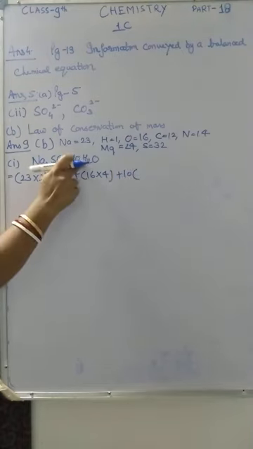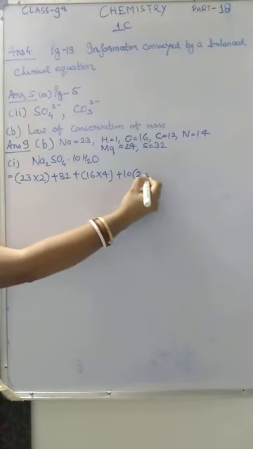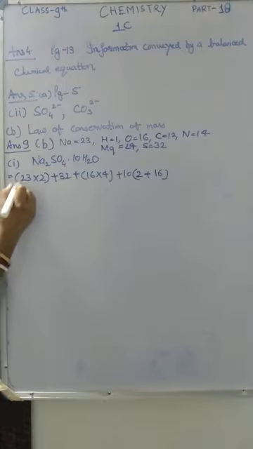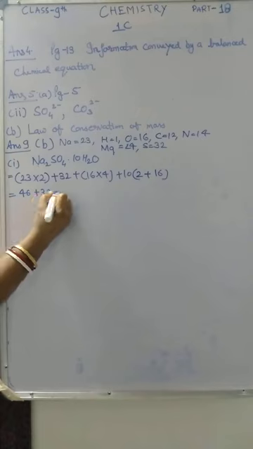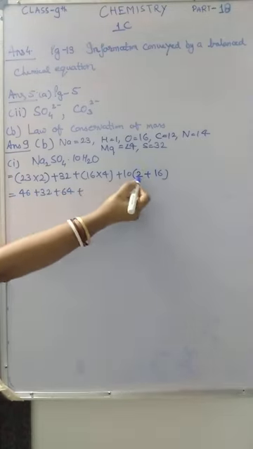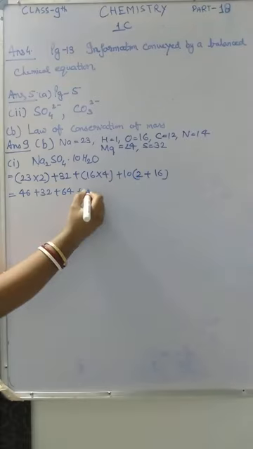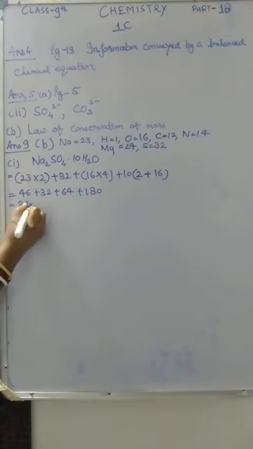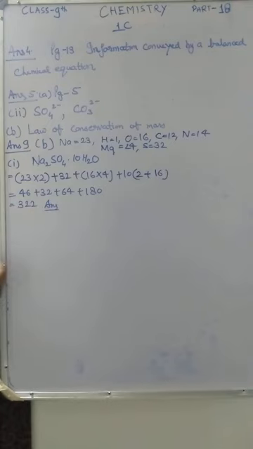Hydrogen 1 into 2, 2. Okay, 1 into 2, 2. Directly you can write here 2 plus oxygen 16, 16. Okay, now 23 twos are 46 plus 32 plus 16 fours are 64 plus 16 plus 2 is 18, 18 into 10 is 180. Now just add it, you will get 322 as the answer. Okay, now this is the first one.